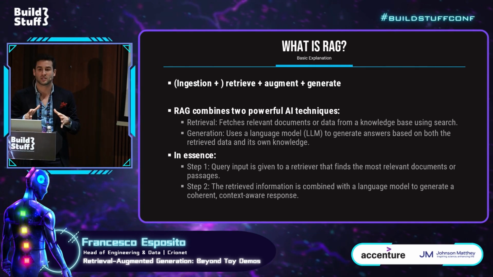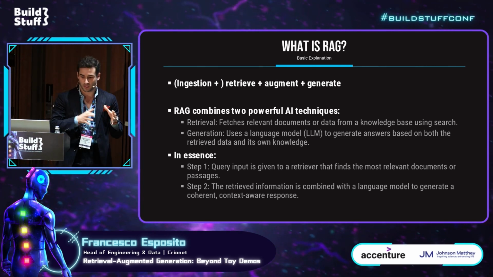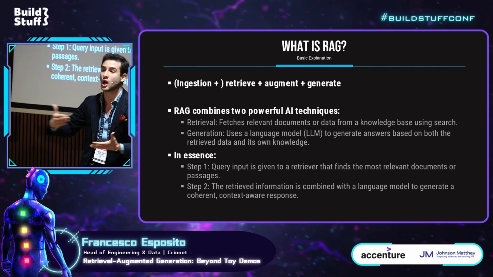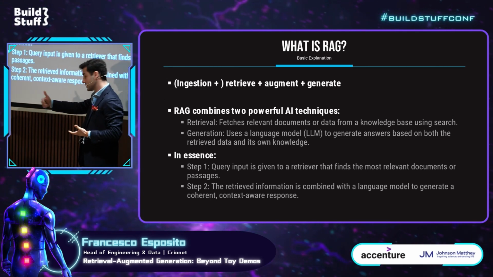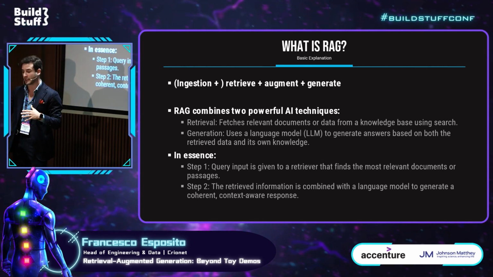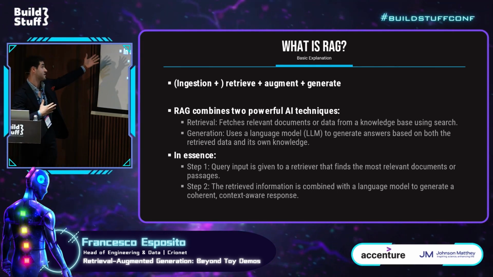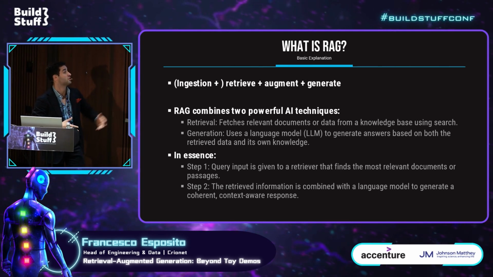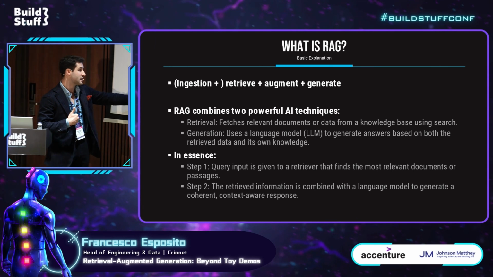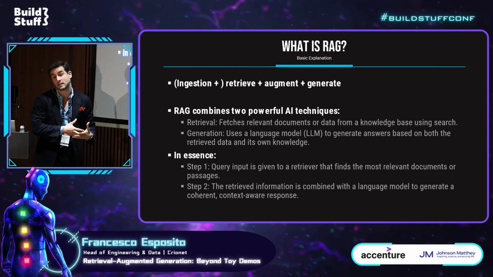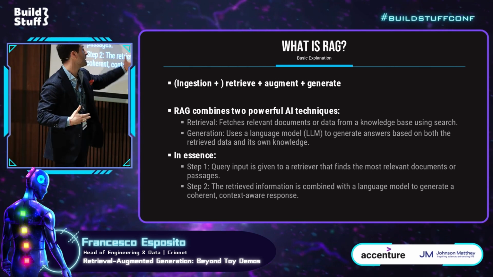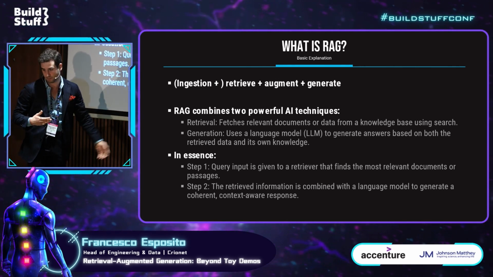The retrieval step is not exactly generative AI because it can leverage different techniques, not specifically embedding models, but also more traditional information retrieval techniques. But the generation step uses a generative model, a language model, and it tries to generate answers based on the retrieved data, and if it's appropriate, even leveraging its own knowledge.